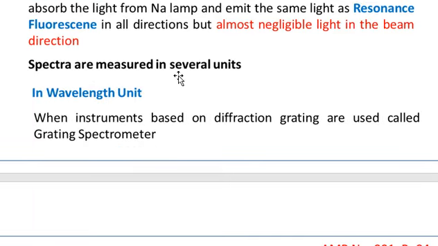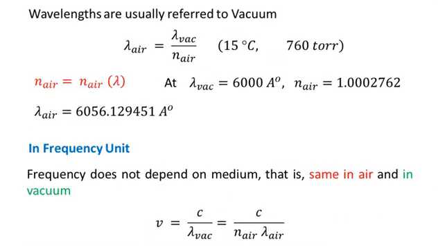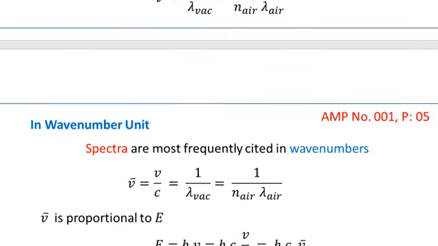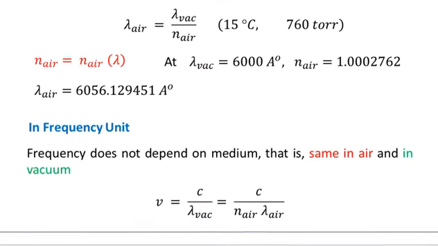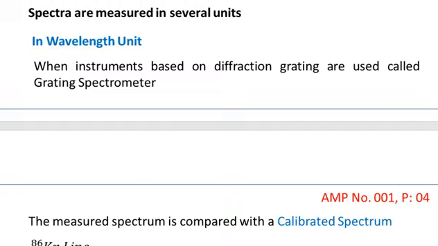Now spectra are measured in several units. For example, you can measure the spectrum in wavelength units. The spectrum can also be measured in units of frequency, in units of wave number, and in units of energy. So we are briefly talking about these measurements.